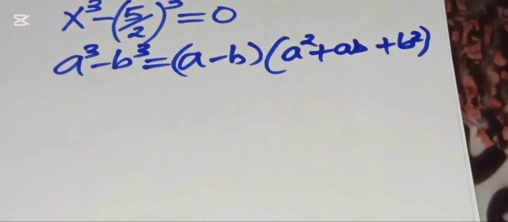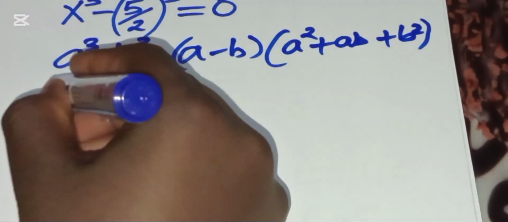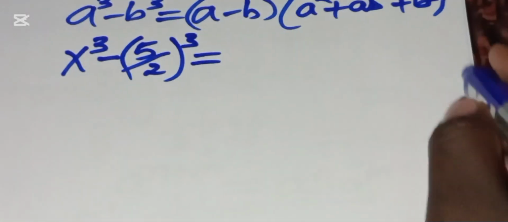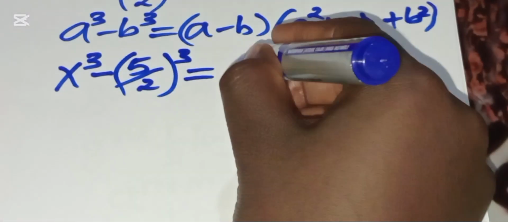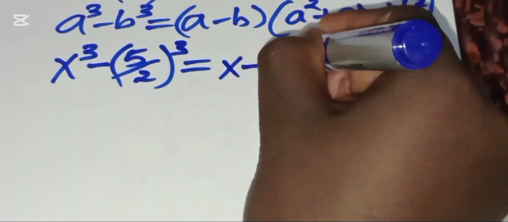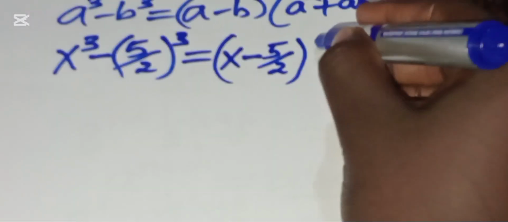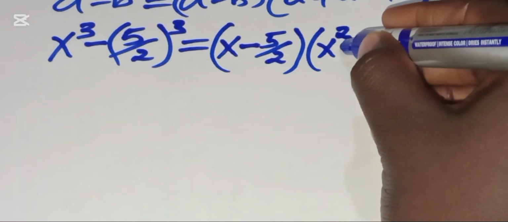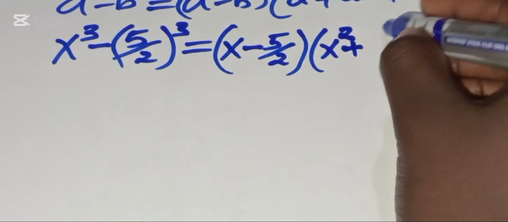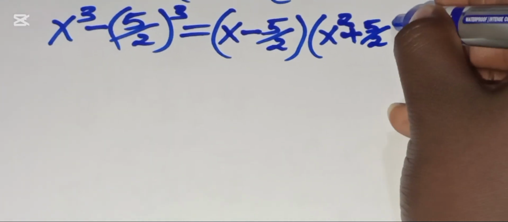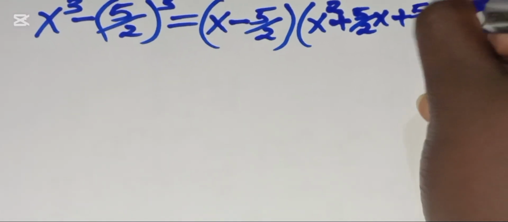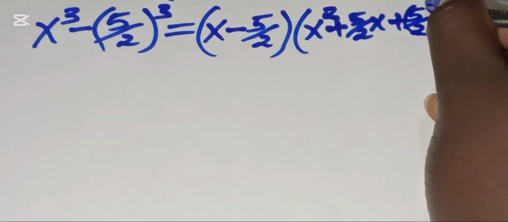Now from what we have, x cubed subtract 5 over 2 cubed can be expressed as x minus 5 over 2, and here we're going to have x squared plus 5 over 2 x plus 5 over 2 squared.